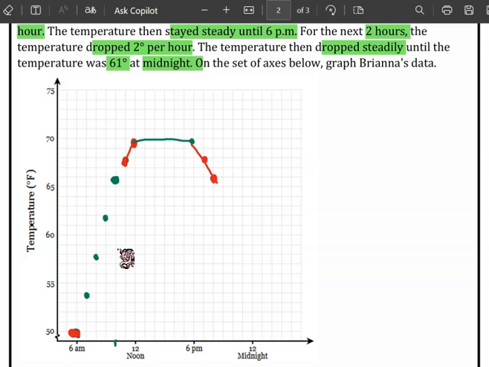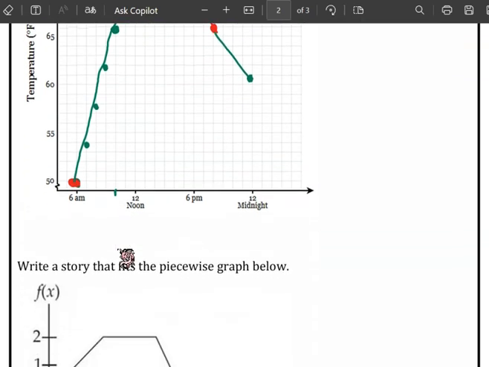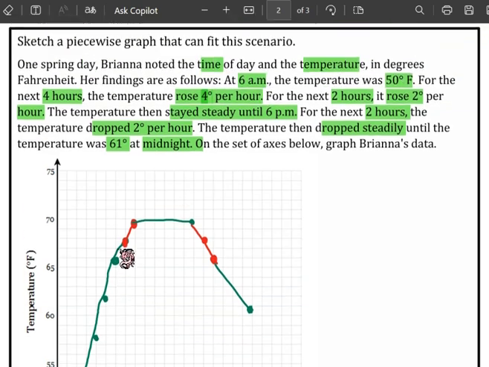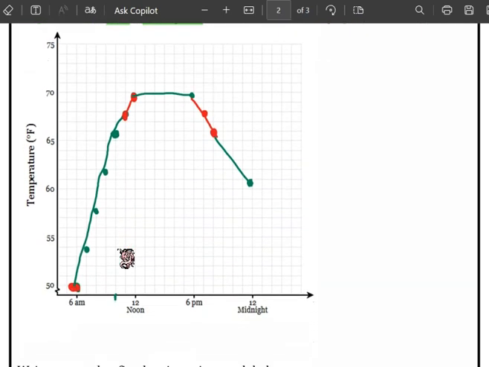So 61 degrees at midnight. Be like right here. And so there would be the rest of the line. So it rises, it rises, it rises. It's constant, and then it falls.